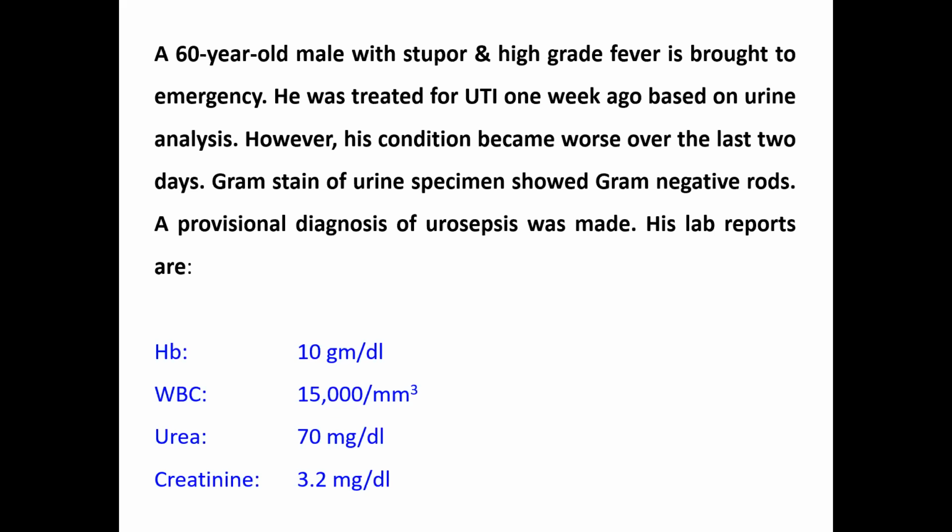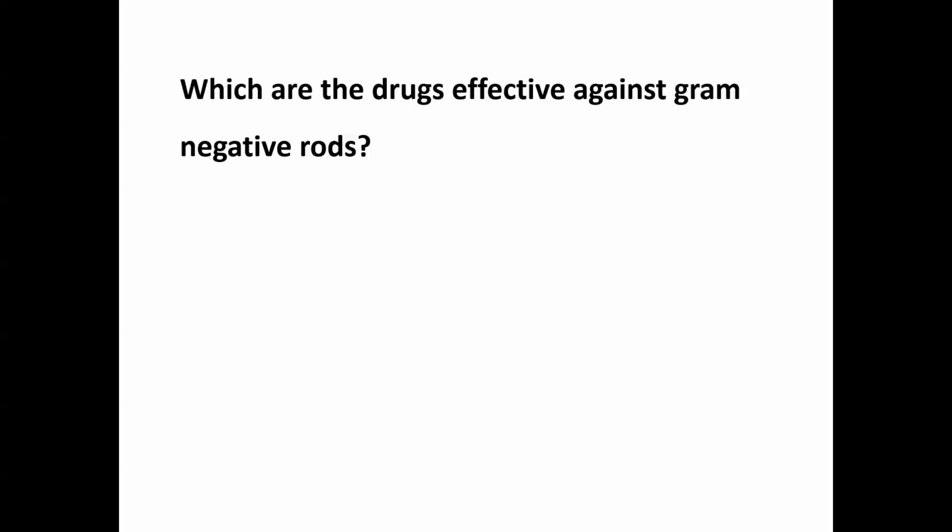Now, in order to generate a discussion, this is a hypothetical situation. What are the drugs effective against gram-negative rods? Aminoglycosides and third, fourth, fifth generation cephalosporins are most commonly used. There are others also, but just to generate the discussion and convey the concepts.